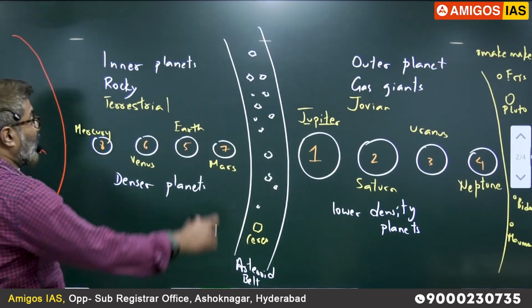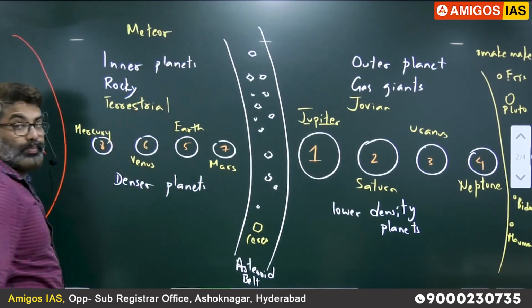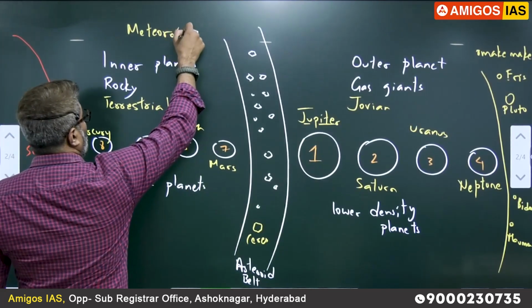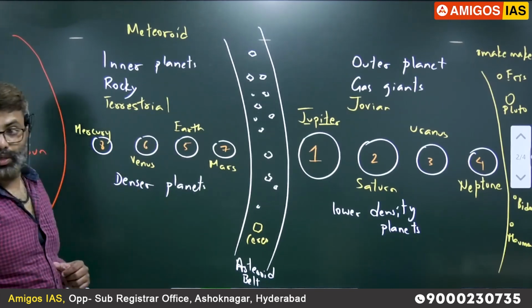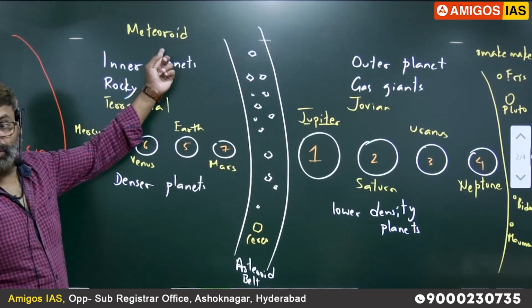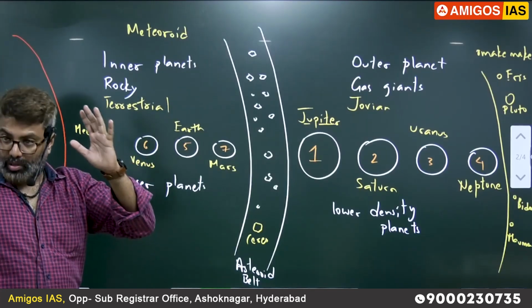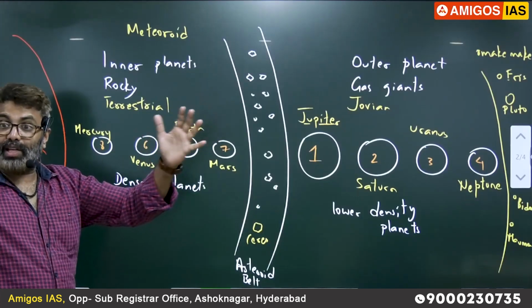Then the next word: meteor. Or you write meteoroid. Meteoroids are large boulders of rock, or large chunks of rocks, with less than 1 meter diameter.